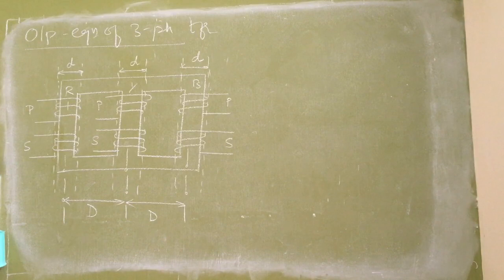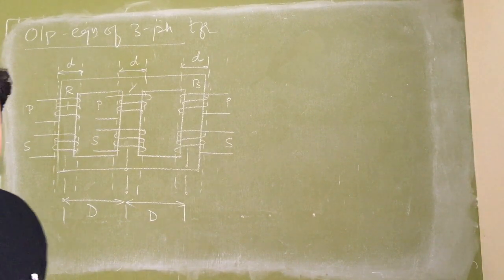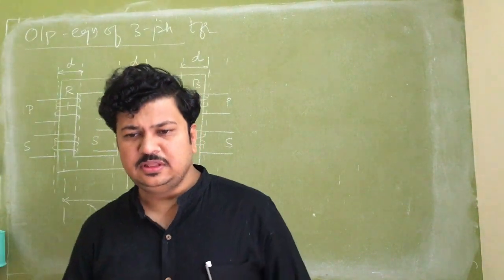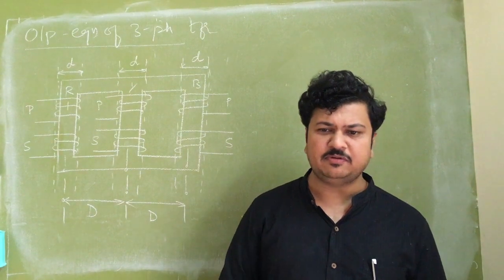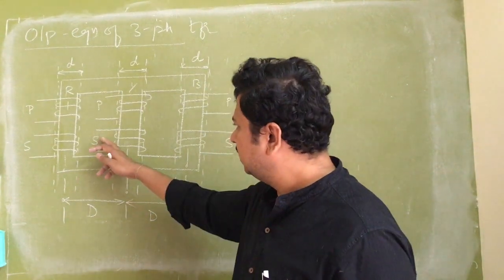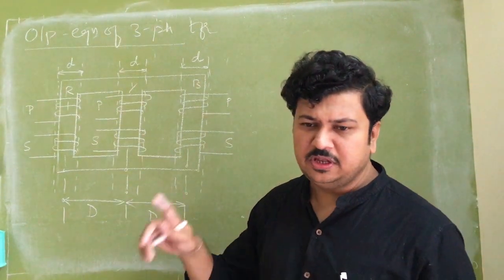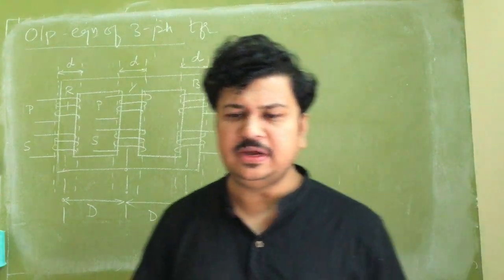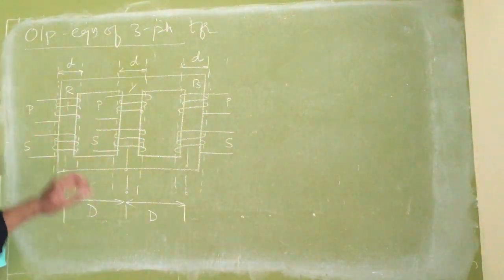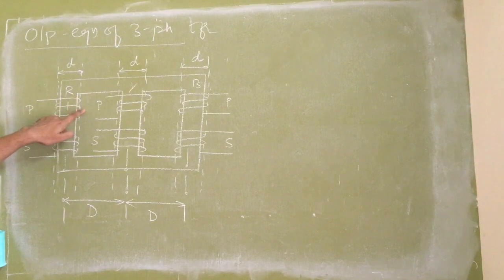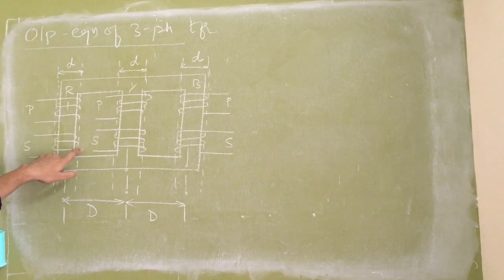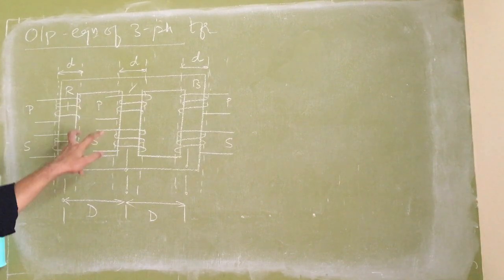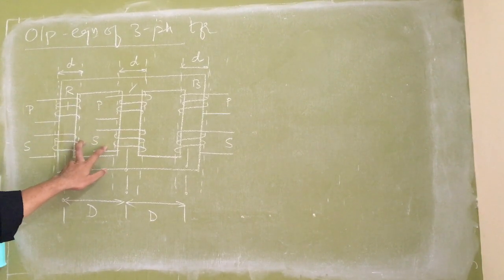So now here in single phase transformer we saw in each window there will be one primary winding, one secondary winding. But whereas in three phase transformer, in each window there will be two primary windings and two secondary windings. Okay, you can see here primary of R phase, secondary of R phase, primary of Y phase, secondary of Y phase. So there are two primary windings and two secondary windings in first window.